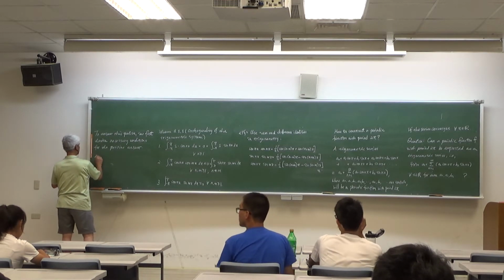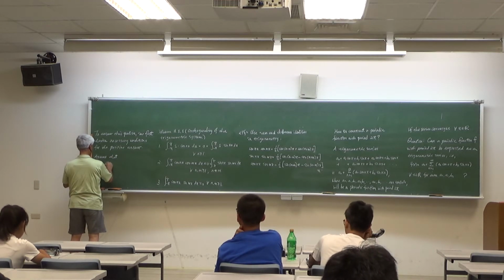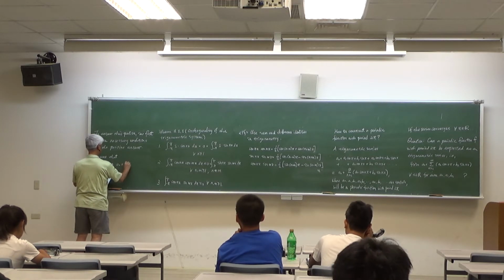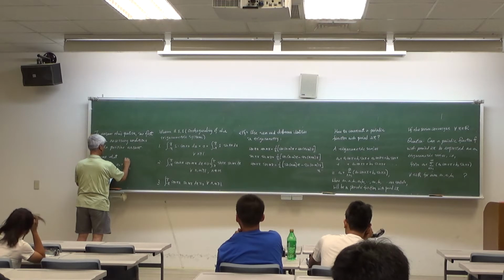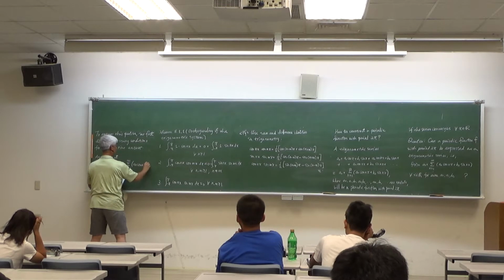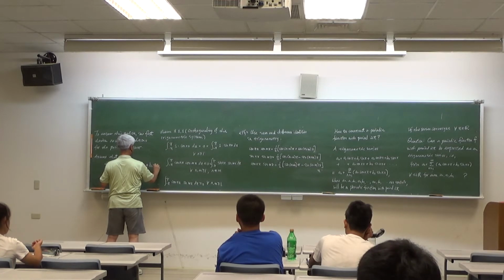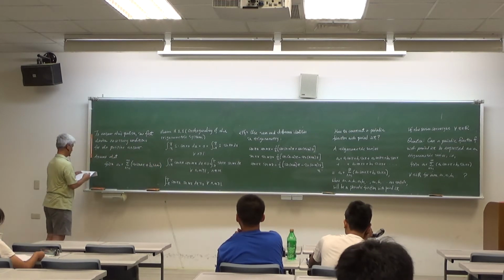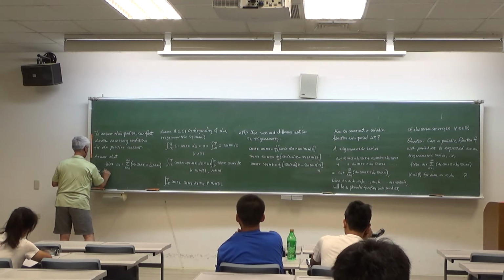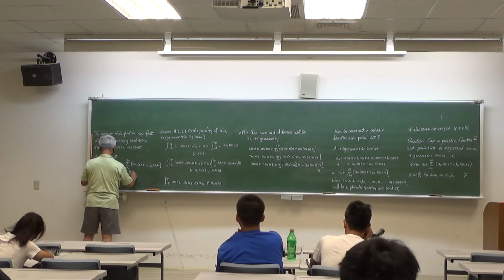All right, so we assume that this periodic function can be represented by a certain trigonometric series. So we assume this is true. Okay? And this is true for almost all x in R. Okay?